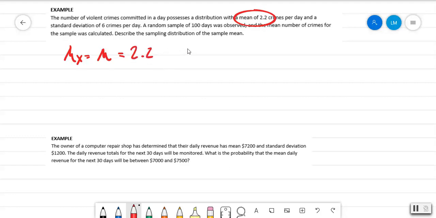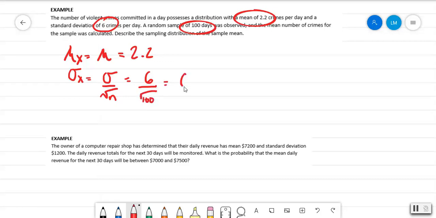The other is that the standard deviation is going to be sigma divided by the square root of n, and the standard deviation is 6, so that's 6 divided by the square root of 100. This is going to give me 0.6.